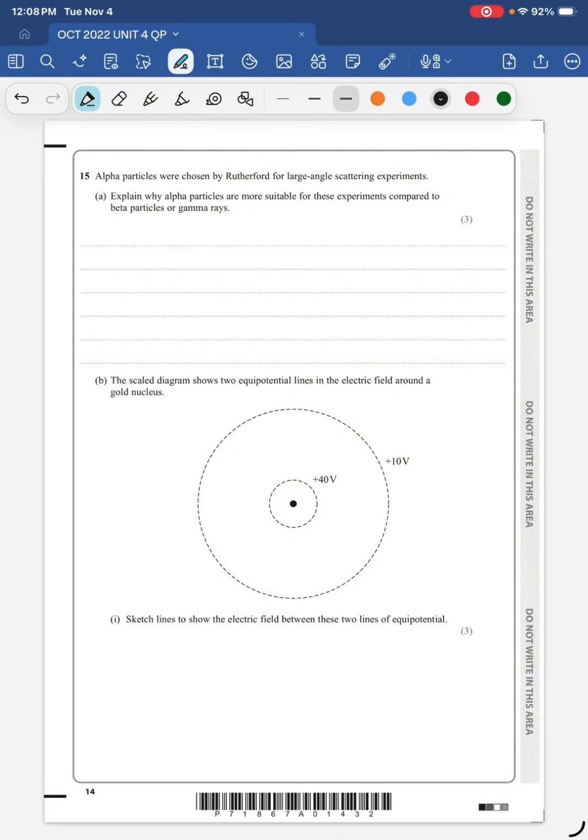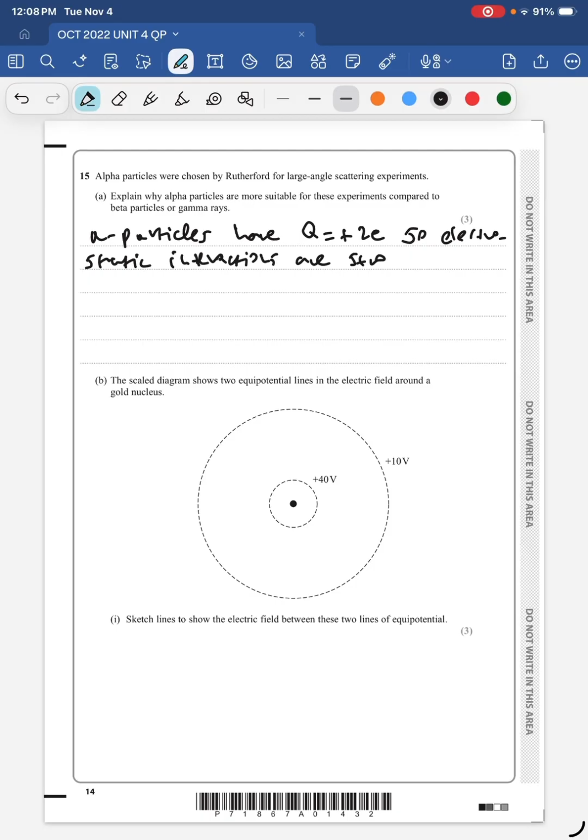We can say that alpha particles have a charge of plus 2e, so electrostatic interactions are stronger than for beta particles, which have a charge of minus e, or gamma rays, which have no charge at all. Also, alpha particles are heavy.